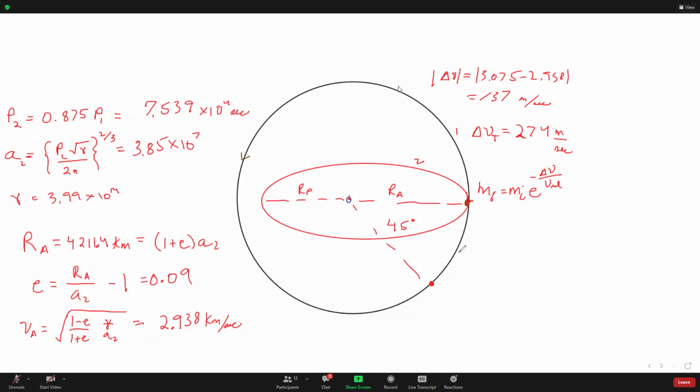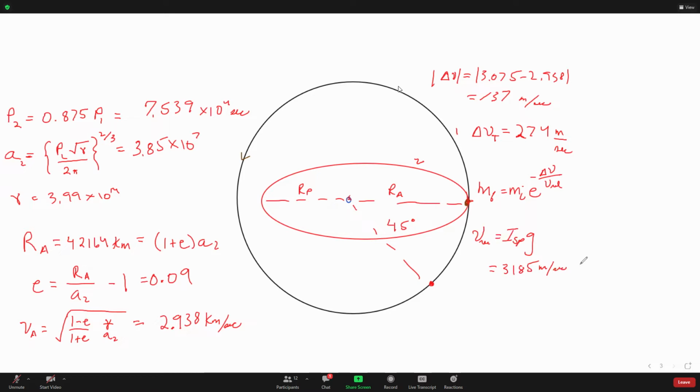And what is V rel? V rel is the specific impulse times g. And you've seen this before, right? Way back in chapter 8. So the specific impulse I told you was 325 seconds. So 325 times 9.8. That's 3,185 meters per second.